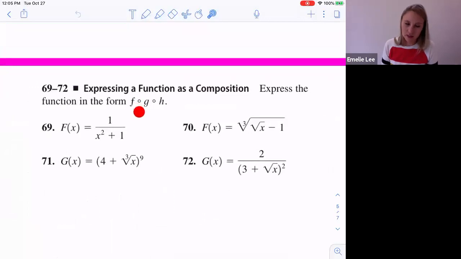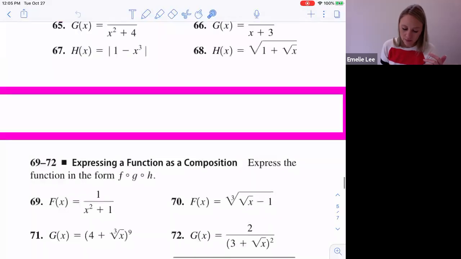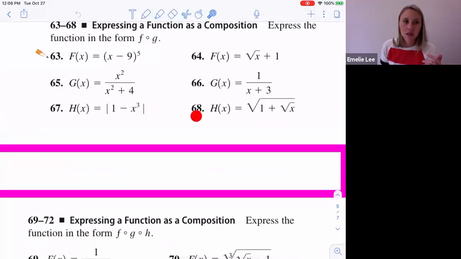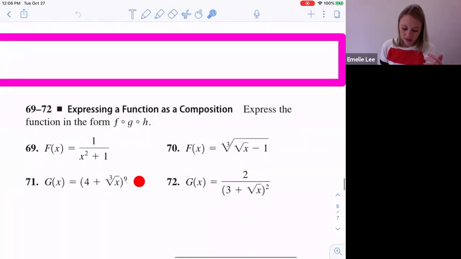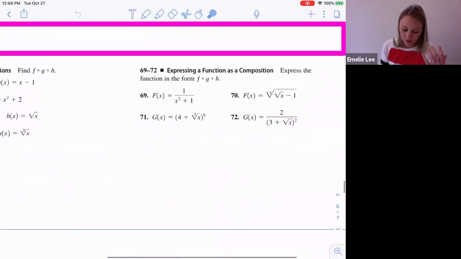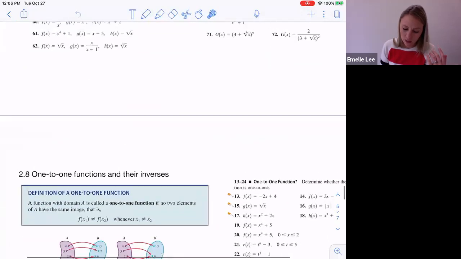Same thing here. We could write a big function as a composition of 3 functions. Same thing that we were just doing up here, right? But now we're talking about 3 functions. So I'm leaving that as optional for you guys to try if you want to.